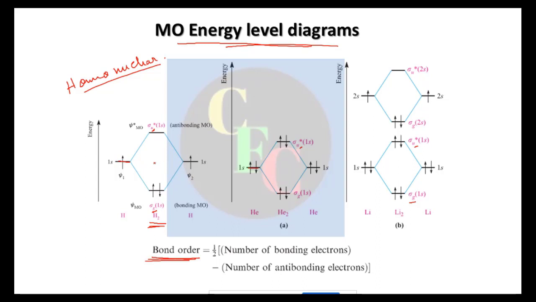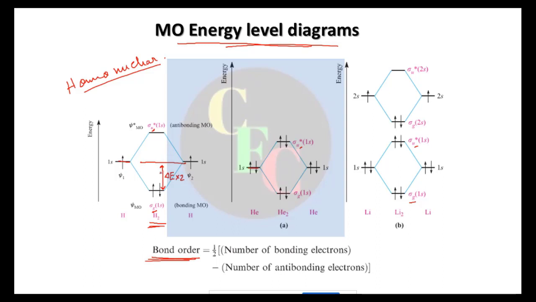So that means, compared to the individual atoms, my hydrogen molecule is stabilized by this energy, delta E, into 2, because this is the energy gap between the individual atom and the molecular orbital.